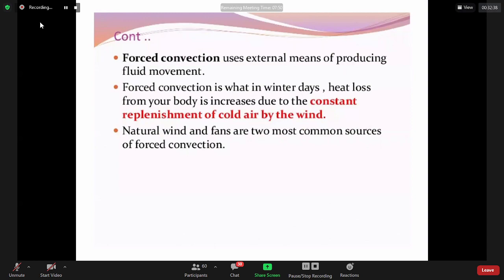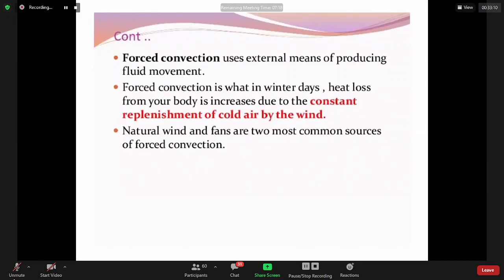to the cooler region. So like heat loss from your body is increased due to the constant replenishment of cold air by the wind. So natural wind and fans are the two most common sources of forced convection. You can have fans. The fan brings cold air onto your body, and then you feel like you are cooling your body.